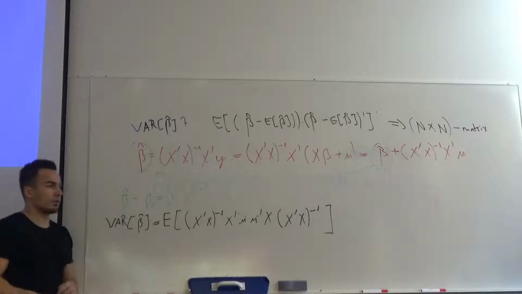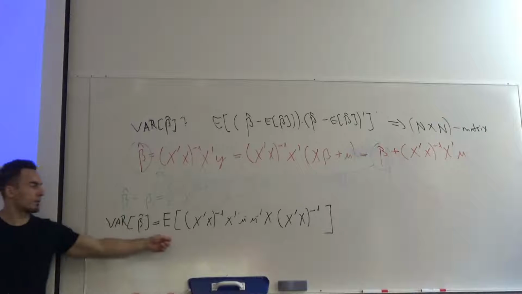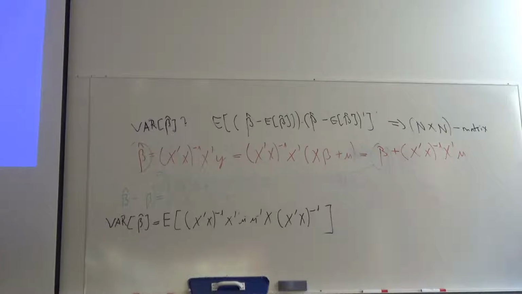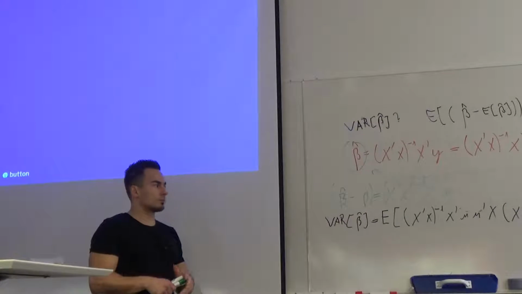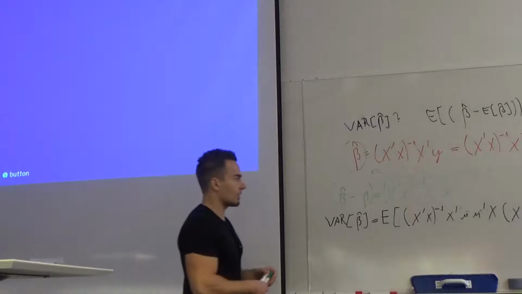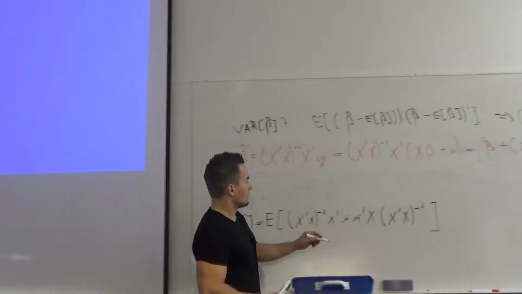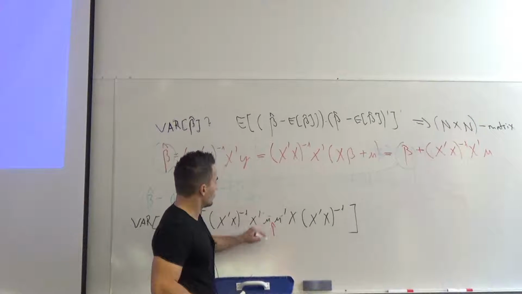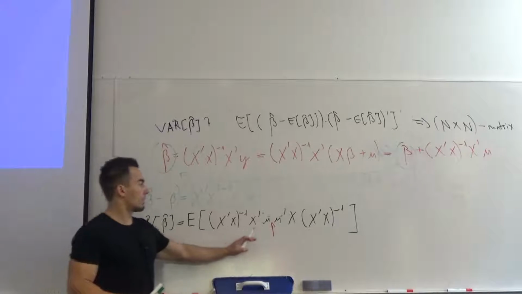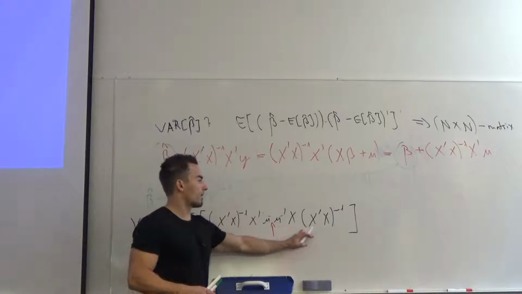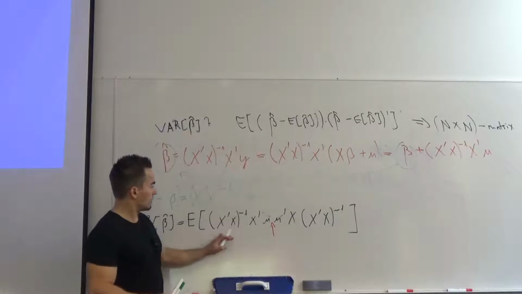So what's the random part here? The random part is this u, right? Because our regression matrix here, we assume that this is not random. It's strictly exogenous, given.